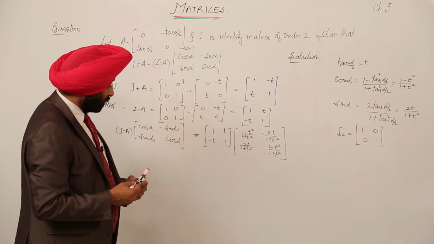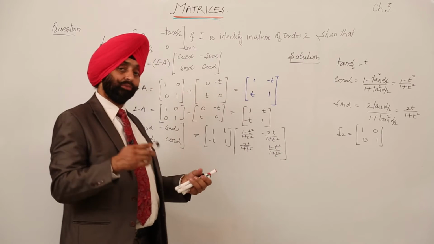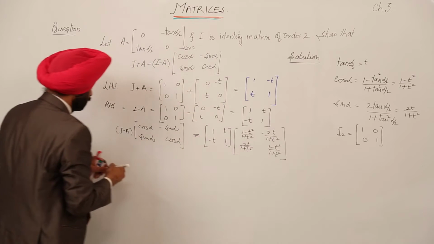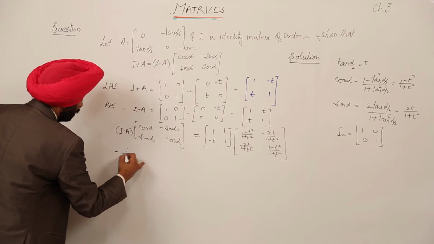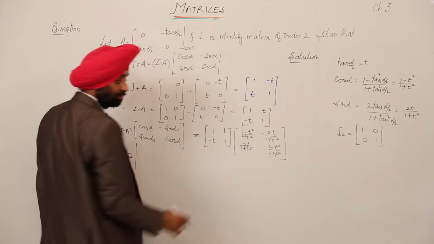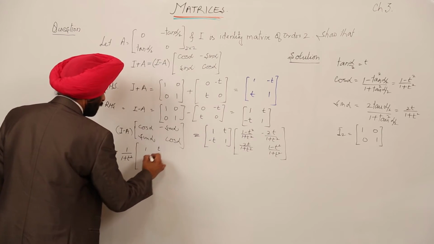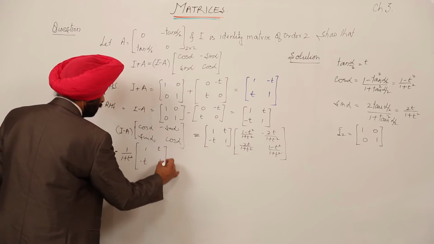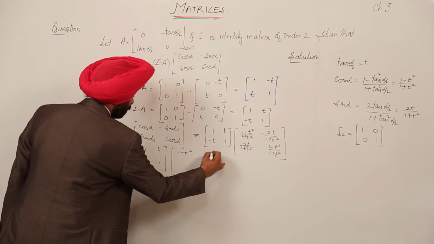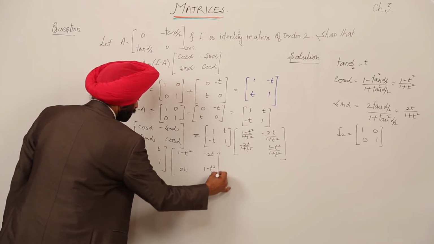Now we have to multiply these two, this multiplied by this. Let's make it more simplified. It can be written as 1 upon 1 plus t square common, a scalar number, taken common from here. Now 1 t, minus t 1, multiplied by the second matrix 1 minus t square, minus 2t, 2t and 1 minus t square.